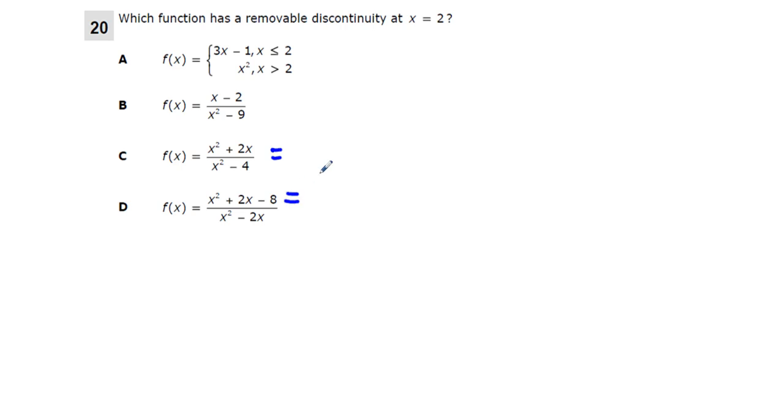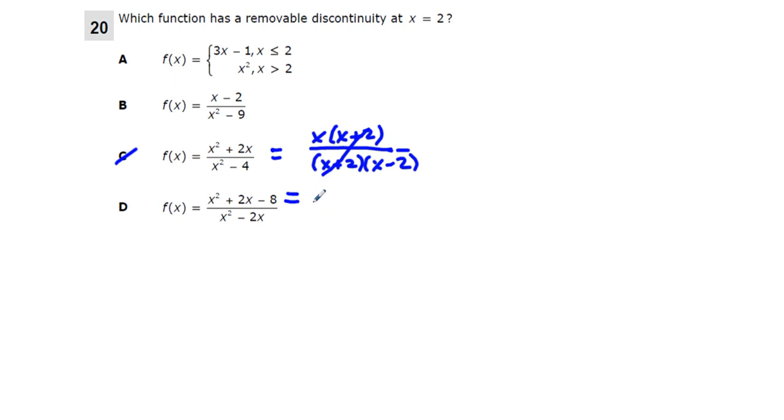I think the answer is going to be C or D. So on this one here, C, in the numerator we have x times quantity x plus 2, and below we have x plus 2 times x minus 2 factored. The x plus 2 cancel, so x minus 2 remains, and that's going to be a non-removable discontinuity. So I don't think C is our right answer.